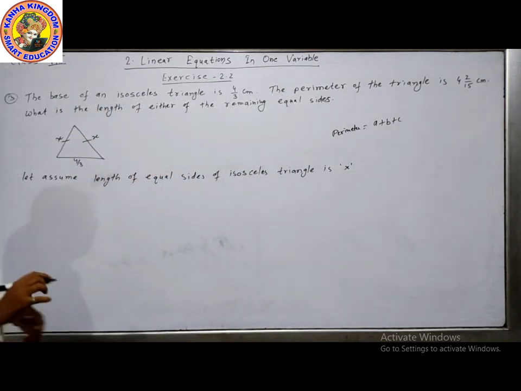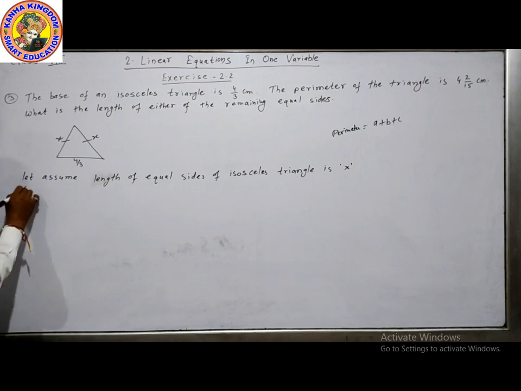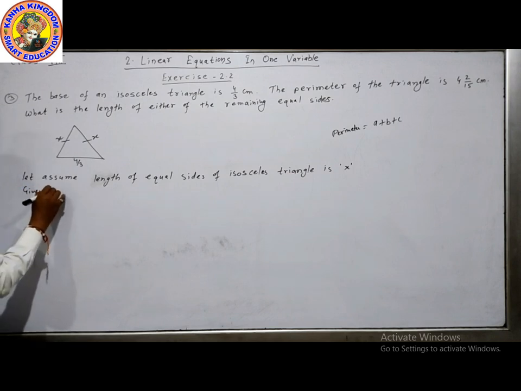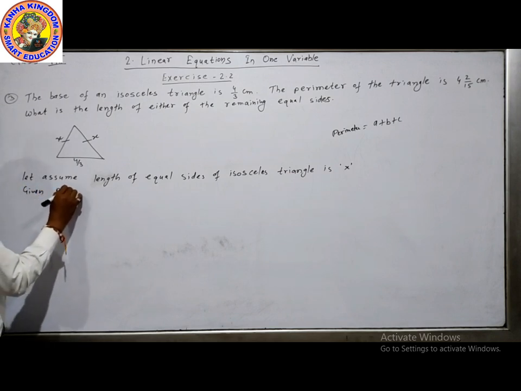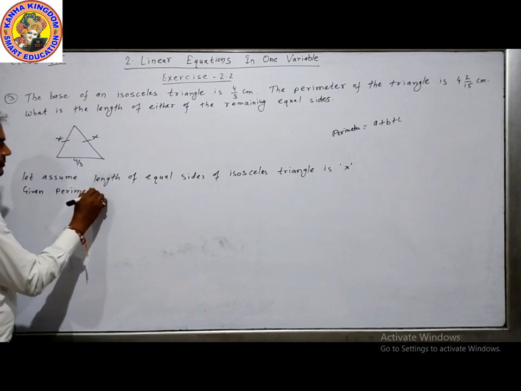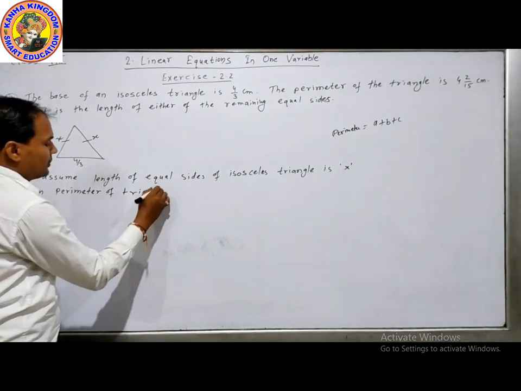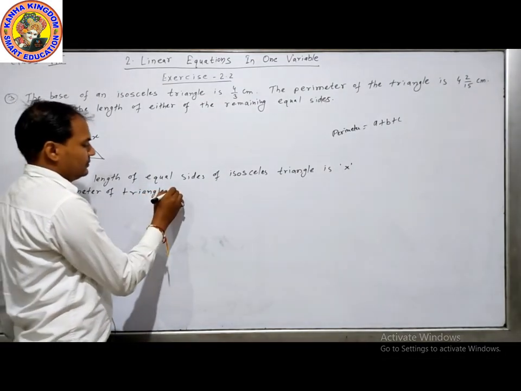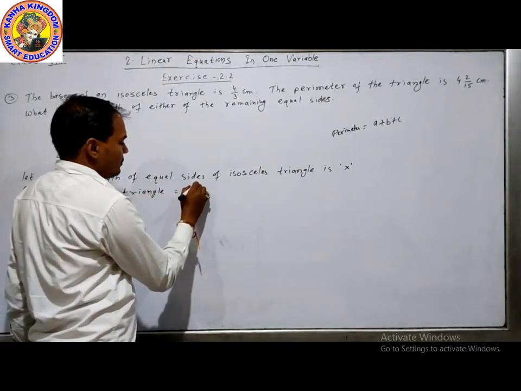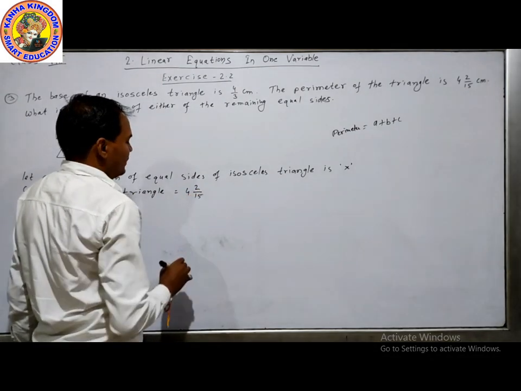The length of the equal side is x. Given perimeter of triangle is equal to 4 2/15.